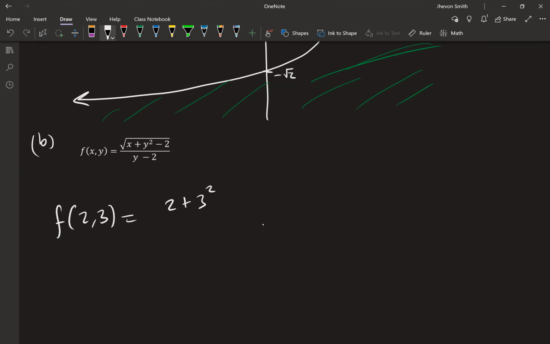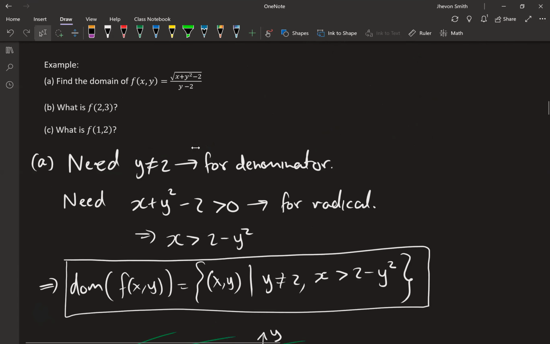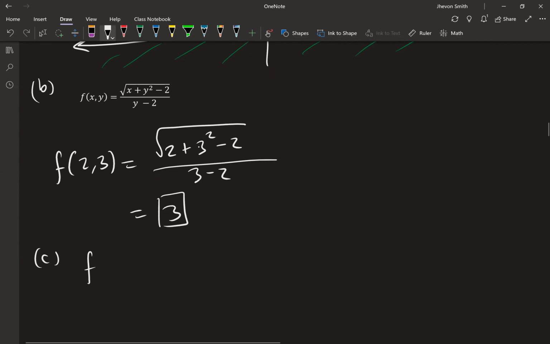Everywhere you see y, you plug in a 3. Gives you 3 as the answer. And you can talk about what is f of 1 comma 2. Well, that one is undefined, because y equals 2 is not in the domain.